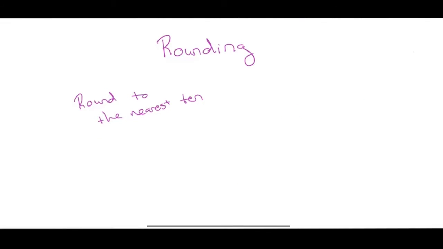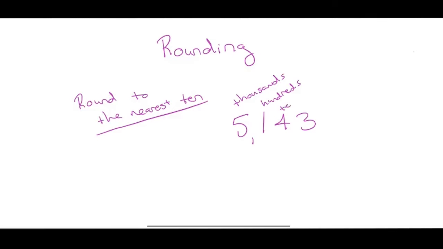Well, let's say we have 5,143. And we want to round that to the nearest 10. Well, remember that 5 is in the thousands place, 1 is in the hundreds place, 4 is in the tens place, and 3 is in the ones place. Well, we want to round to the nearest 10, so I look to the tens place, which is a 4.